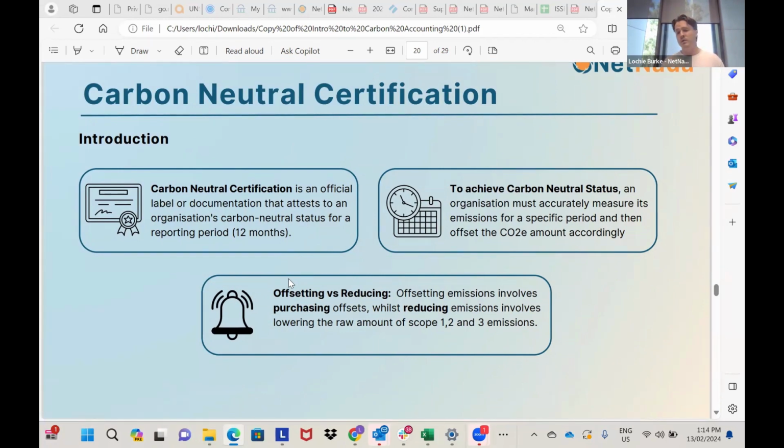And again, just like before, where I was saying there are sometimes residual emissions that you may not be able to reduce based on the type of business that you are and the operations you have. Sometimes carbon neutrality for certain businesses is just not suitable for them at this point in time, right?